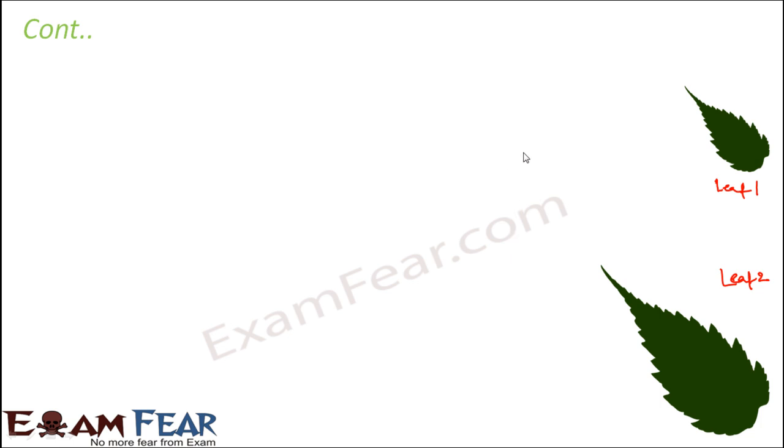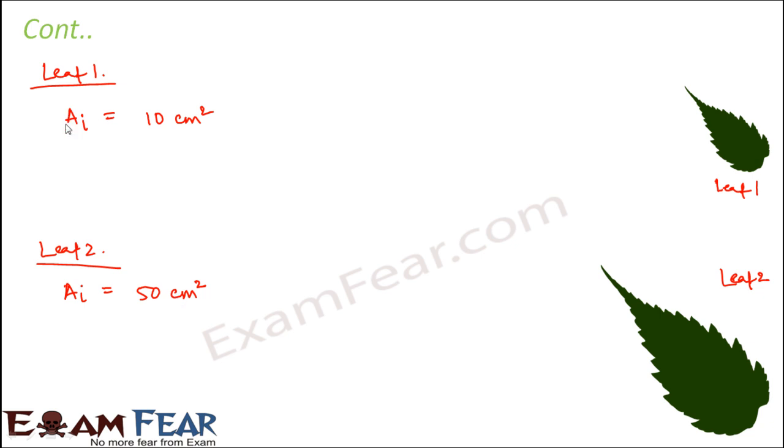So let us suppose for leaf 1, the initial area is 10 centimeters square. Now since leaf 2 looks bigger, obviously the initial area here will be more, and let us suppose that the initial area is 50 centimeters square. So these are just data, nothing to link with reality, right? These are the initial areas of these 2 leaves.